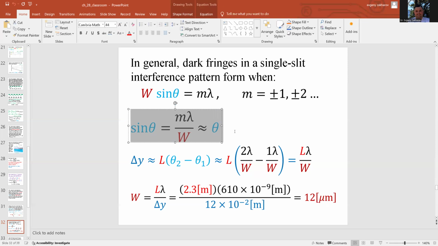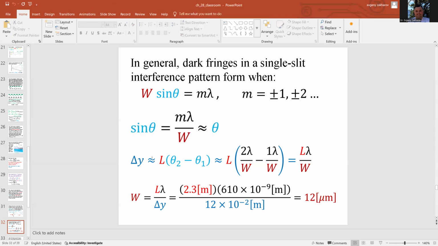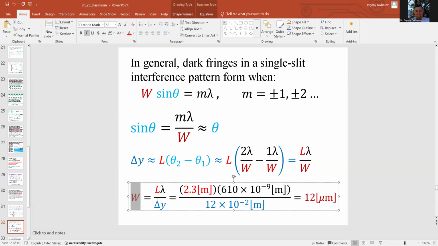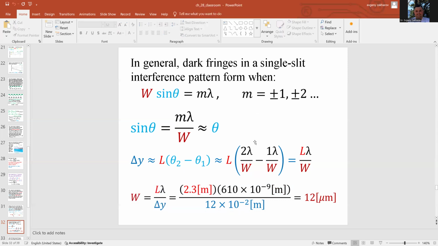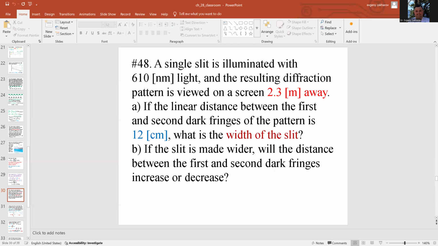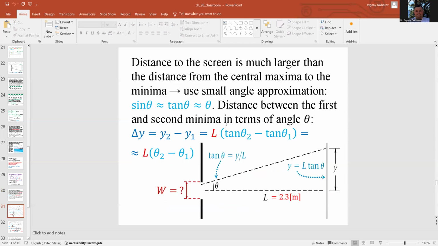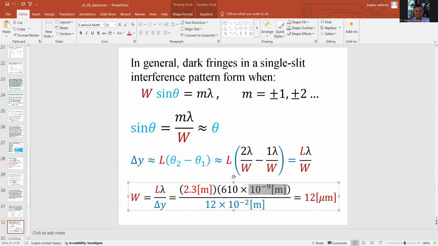So using the small angle approximation, solving for the width of a slit, capital L is given, lambda is given, it's 610 nanometers. Be careful with nanometers, convert to meters, like so. And divide by the delta y, because algebra says so. The answer is 12 micrometers. I don't want to see micro as your final answer. It's scientific notation that I'm looking for. It's 10 to the negative 6th of a meter.